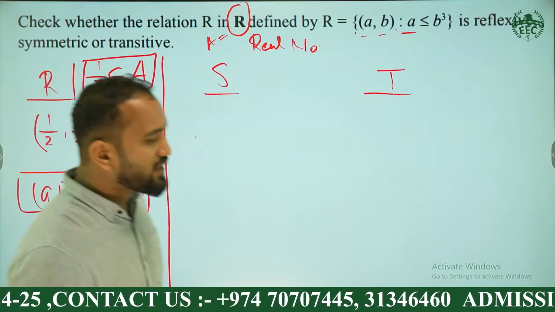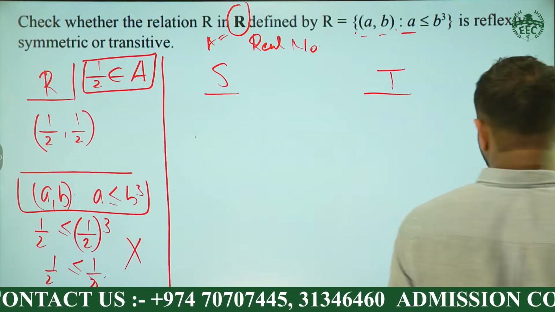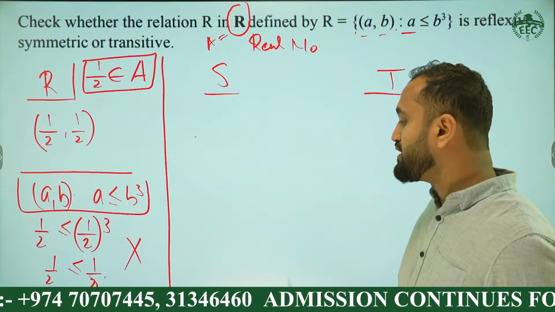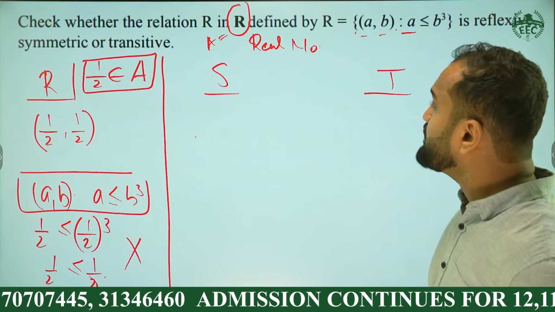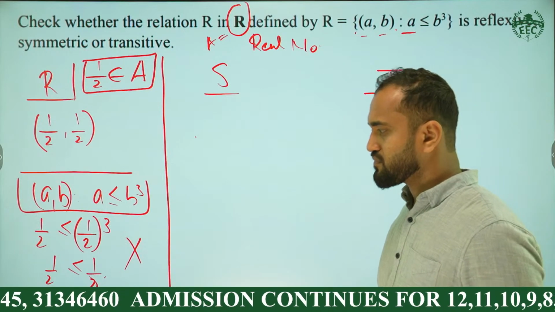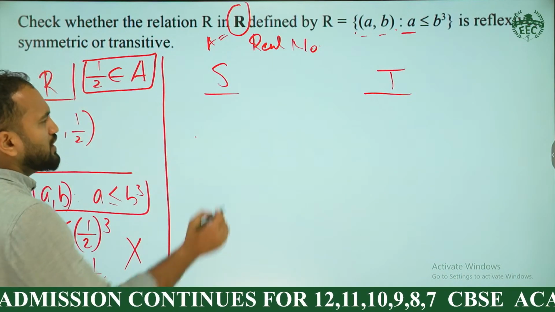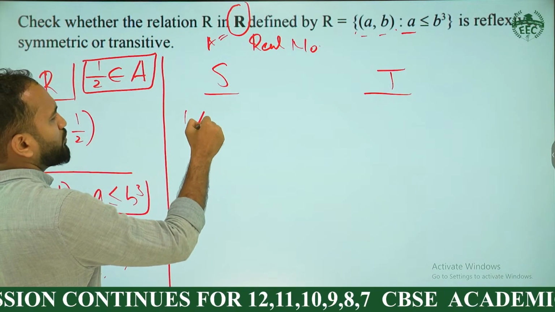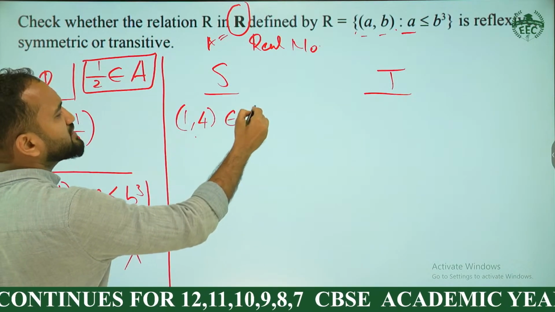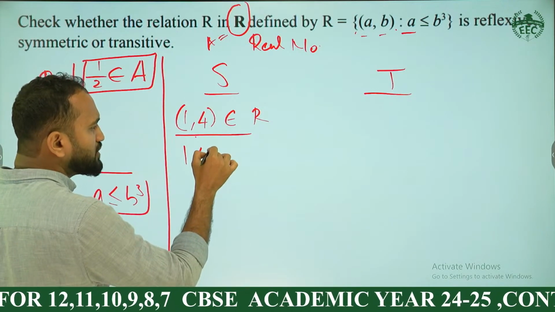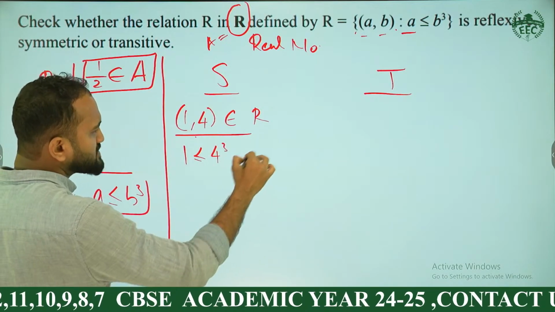Let me tell you the condition for symmetricity. If (a, b) is there, you are supposed to check whether (b, a) is there or not. Let me take a common pair like (1, 4). Is (1, 4) in the relation? 1 is less than or equal to 4 cube, yes, obviously it will be there.